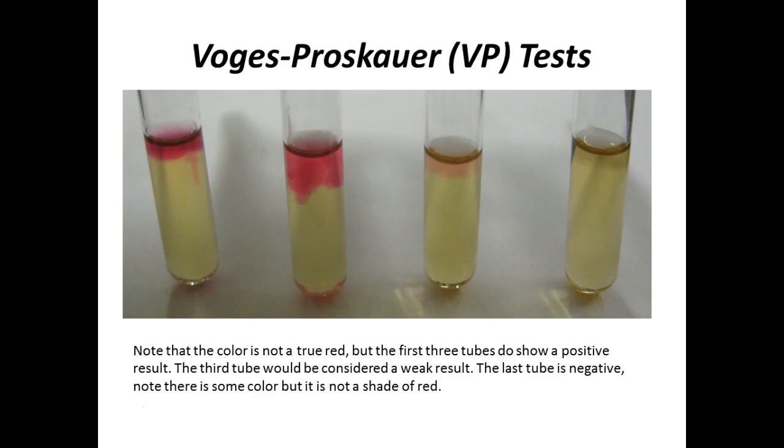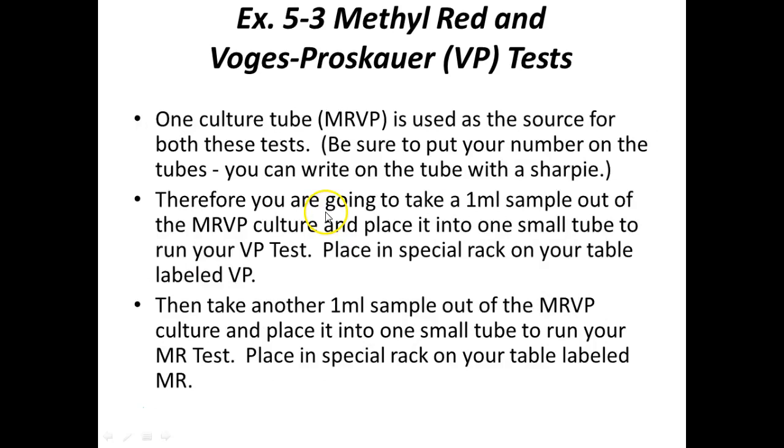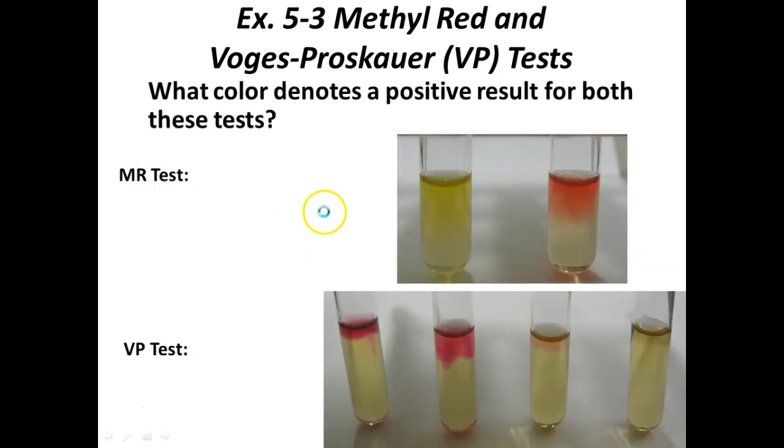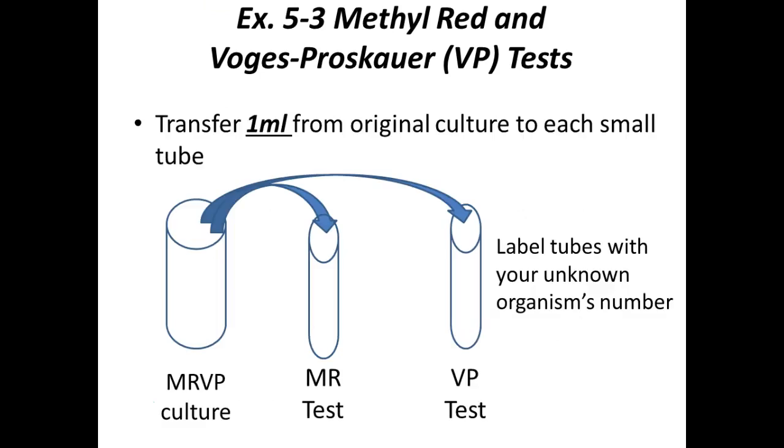What are we waiting for to happen when we run the Voges-Proskauer test? What do you refer to this as? The chemical reaction, is it not? Do those sometimes take time? Yeah. And you've got to get enough of this red color produced that you can actually see it. So chemical reactions take time.